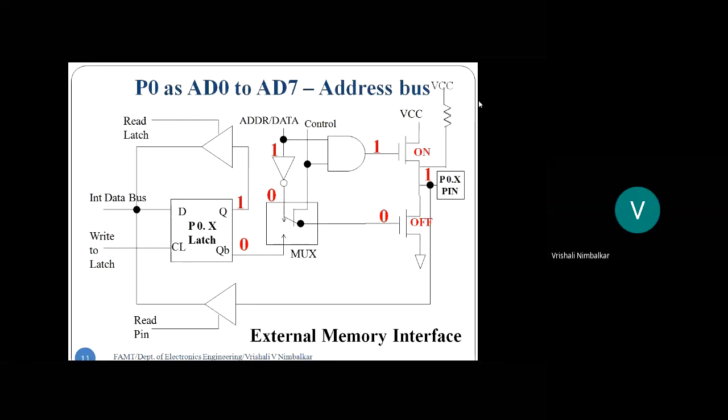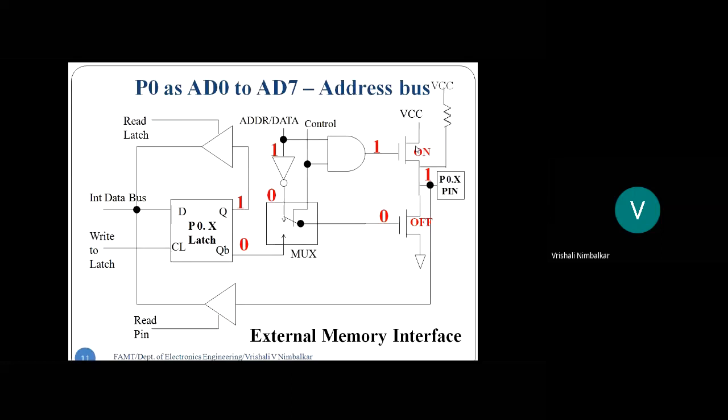Now see, whenever we are using it as an address and data bus, this internal pull-up has turned on. So now I need not have an external pull-up connected. But even if you connect one, it is not going to create a problem.